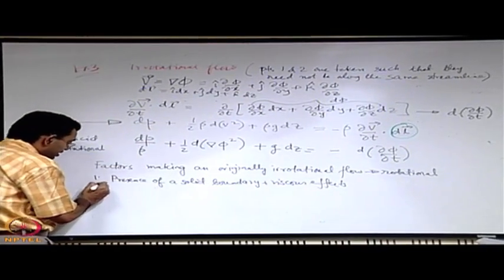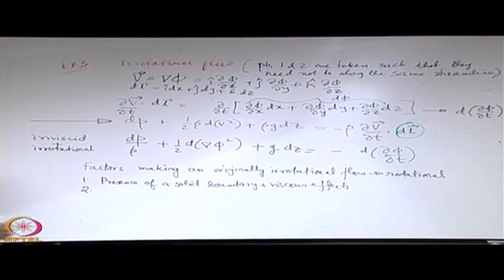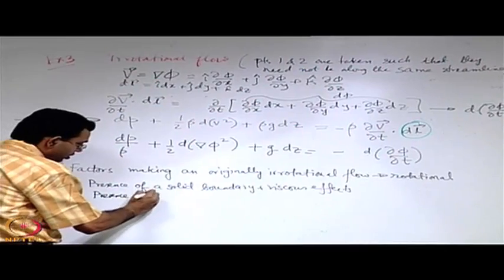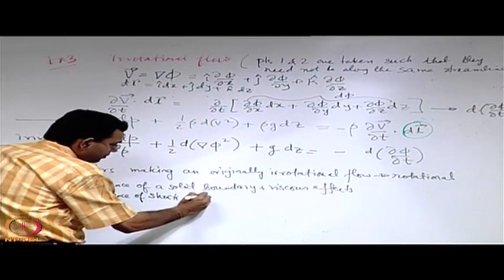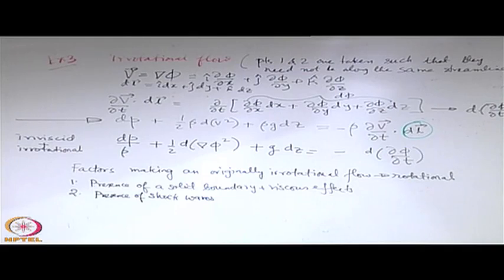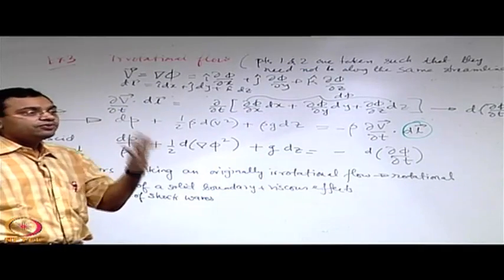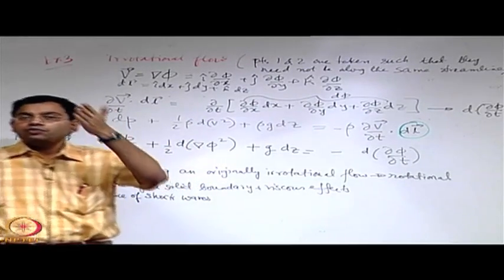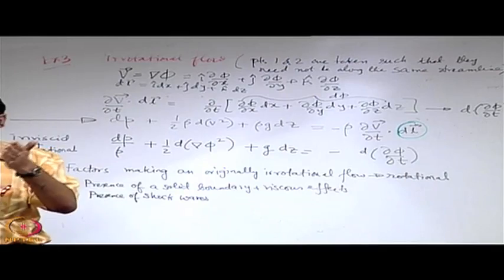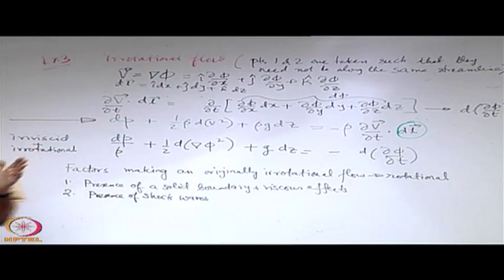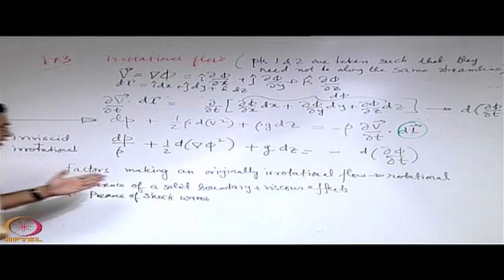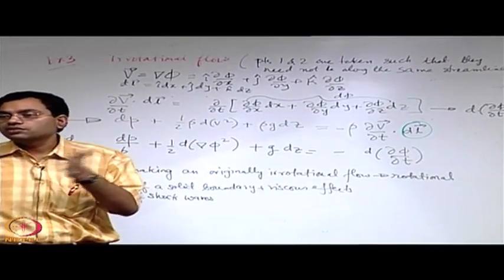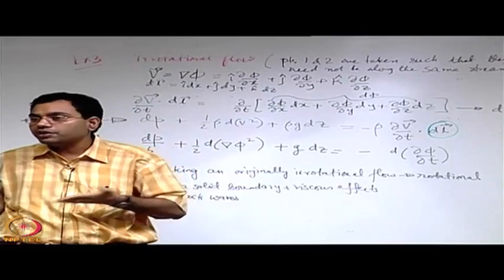There are other factors, I am just listing those down, not necessarily that we will discuss in detail. One of the other important factors is the presence of shock waves. Shock waves are created in highly compressible flows when there is an abrupt discontinuity in the fluid properties. So there is a wave front across which there is a jump in all the properties of flow, and that takes place with a change in state from a supersonic to a subsonic flow, so a Mach number greater than 1 to a Mach number less than 1.